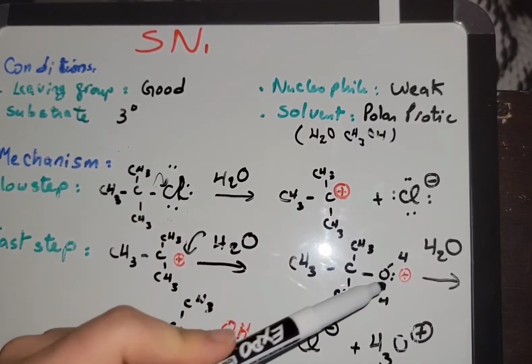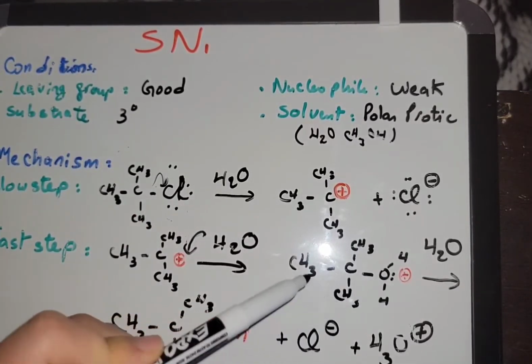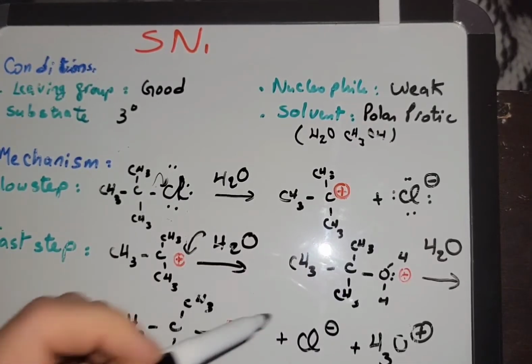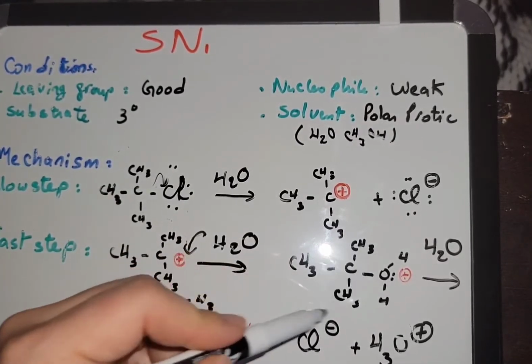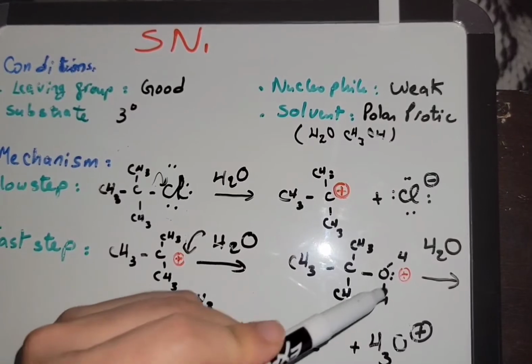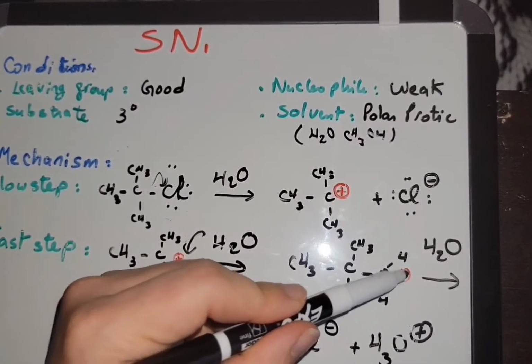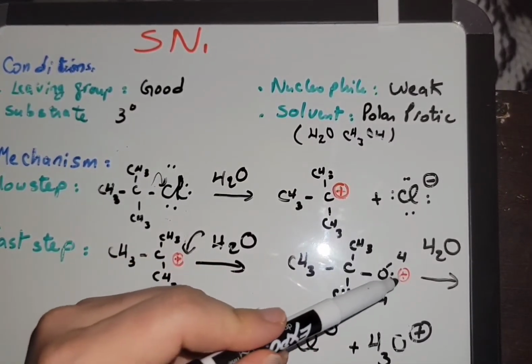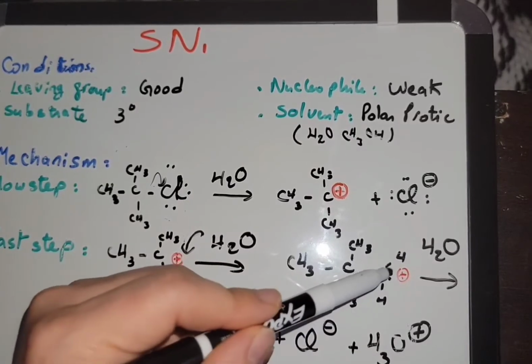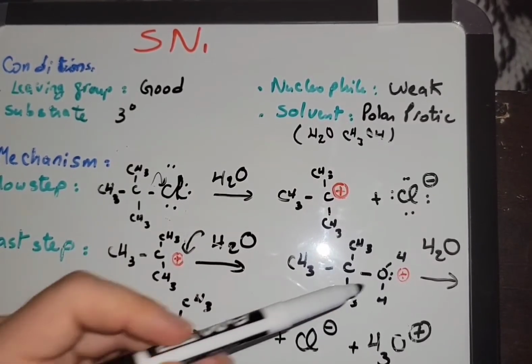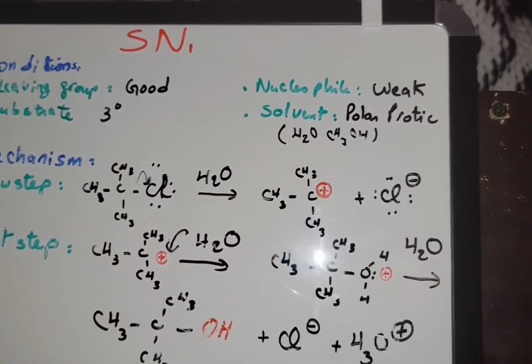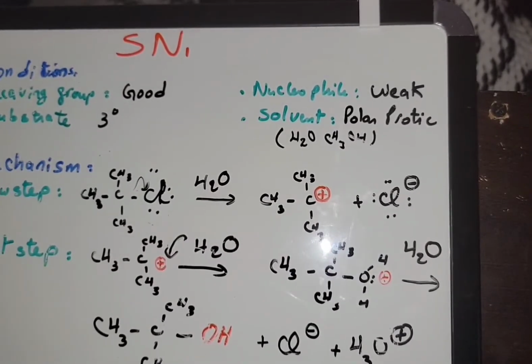And here we have H2O bonded to the carbocation, and it's not a carbocation anymore since it has 4 bonds now. But the OH2 has a plus charge because it has 1 lone pair and 3 bonds to the oxygen, which makes it positive. So here we have the second step.